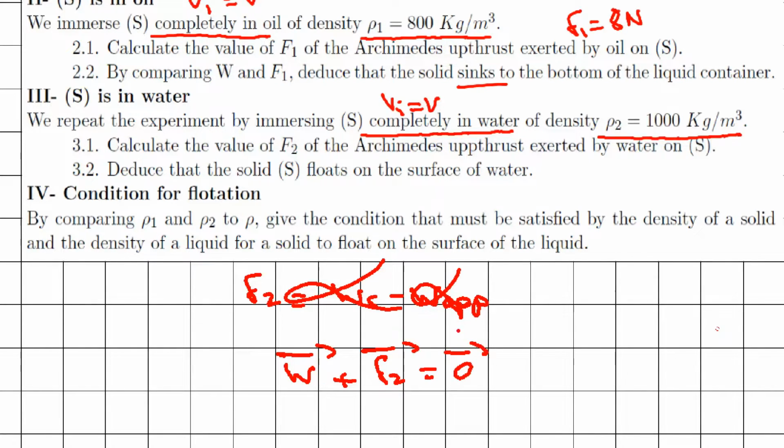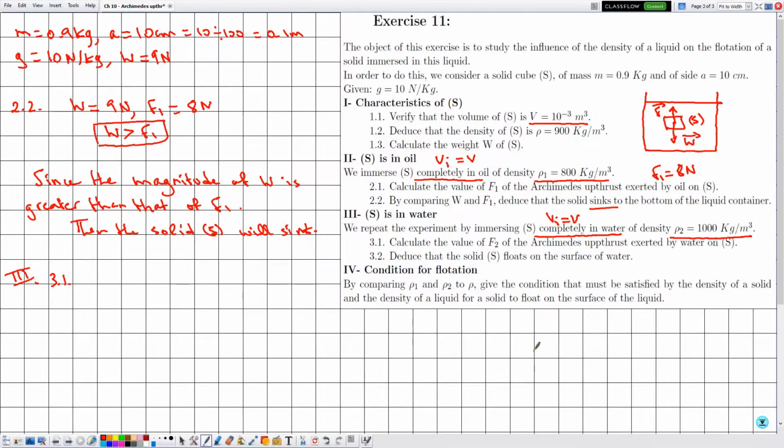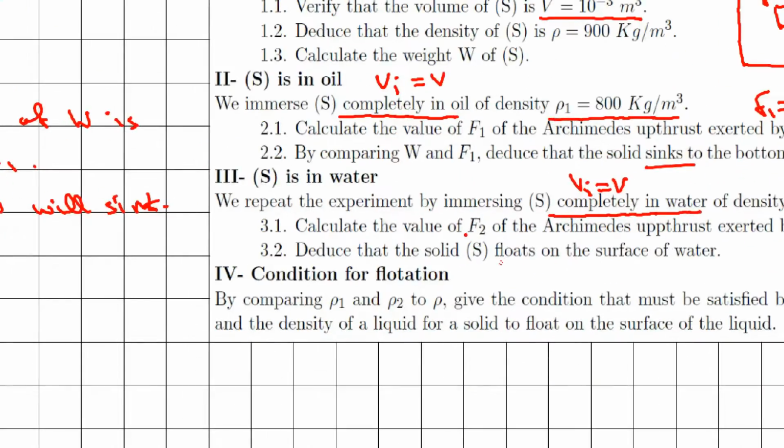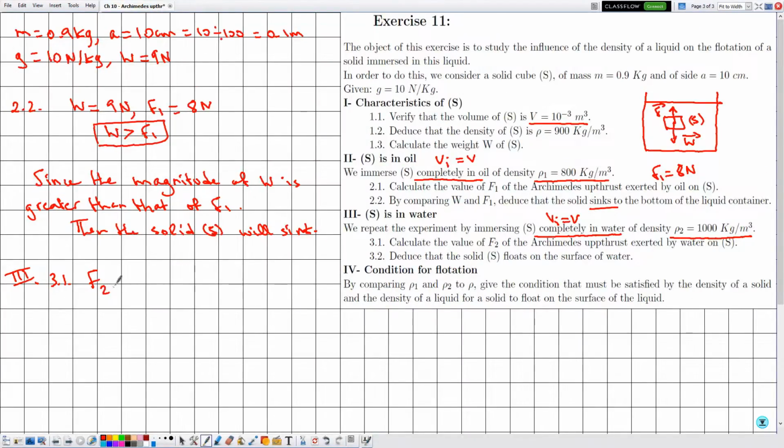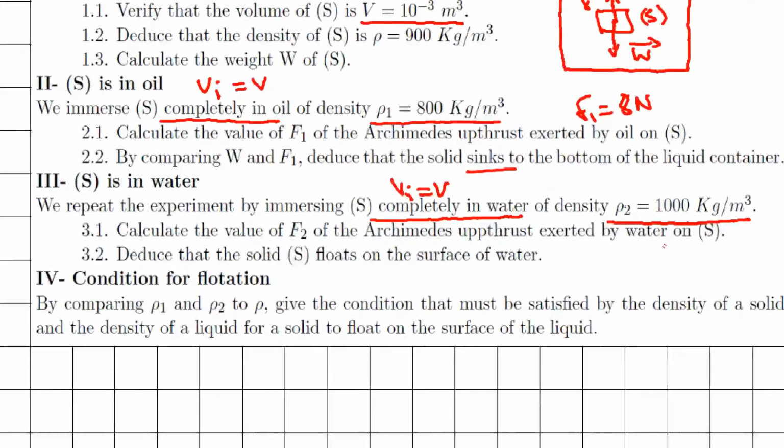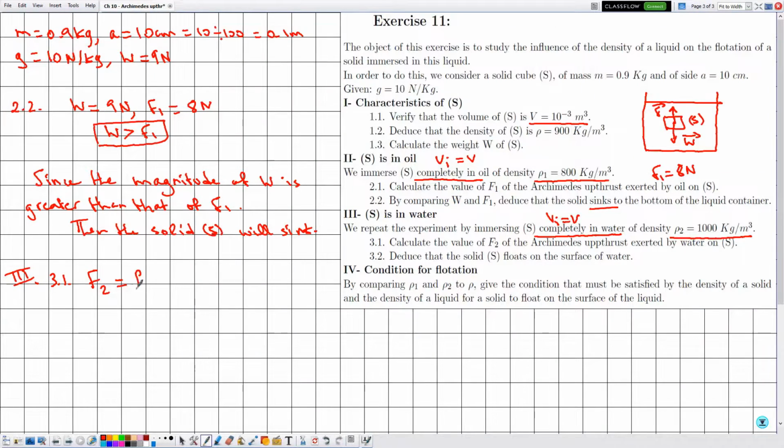Yet we don't know if this solid S will float or sink. They didn't mention anything about the equilibrium, so we cannot use this method. So we are left with the following choice, that the magnitude of the upthrust, which is denoted in this case by F2, is equal to the density of the liquid, and here the density of the liquid, which is water, is denoted by ρ2, multiplied by the volume of the immersed part multiplied by G.